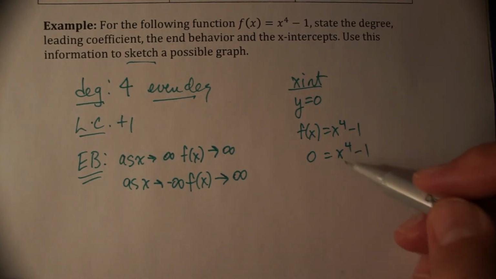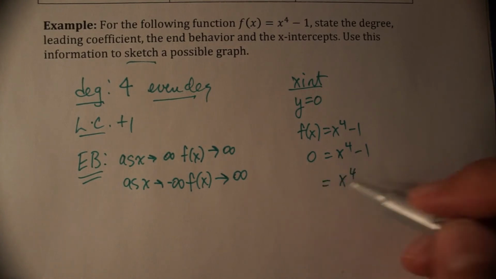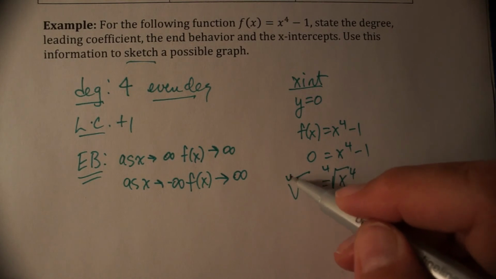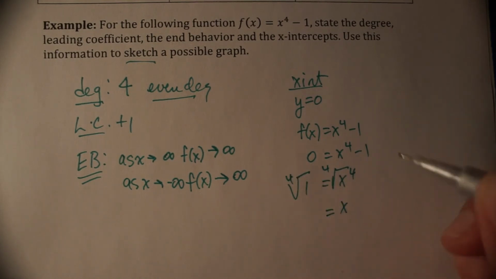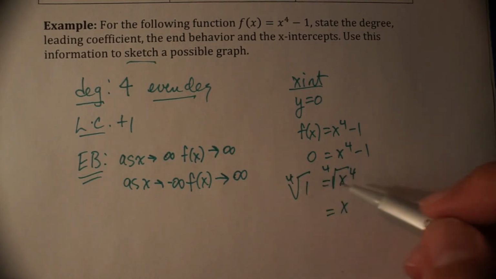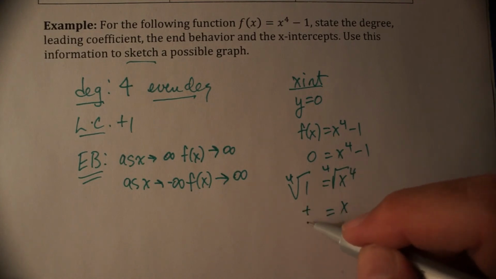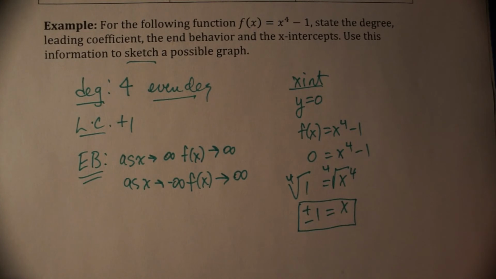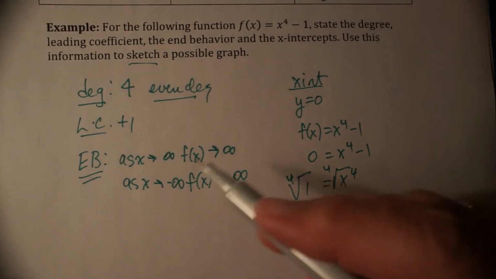Even though it's x to the fourth, there's only the 1. So I can move the 1 over and take the fourth root of both sides, remembering, of course, that when you take an even root of both sides, you have to include both the plus and the minus as answers. So I have two x-intercepts, one at plus 1, one at minus 1. And there's my end behavior.